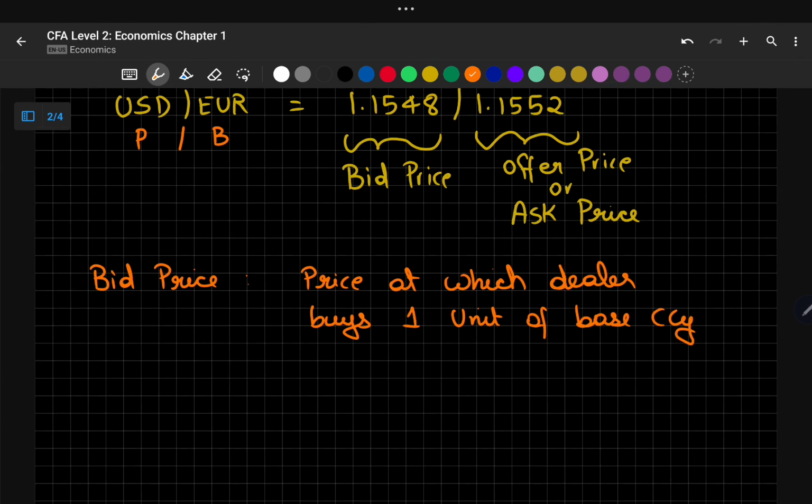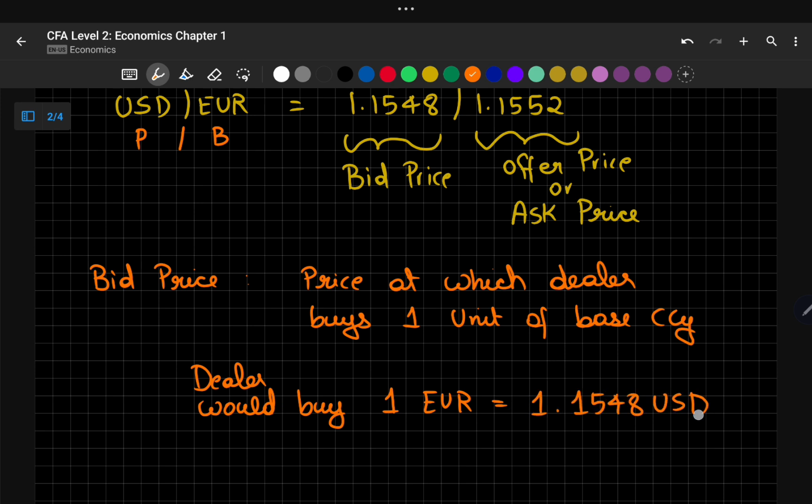So here the dealer would buy 1 euro for 1.1548 USD.